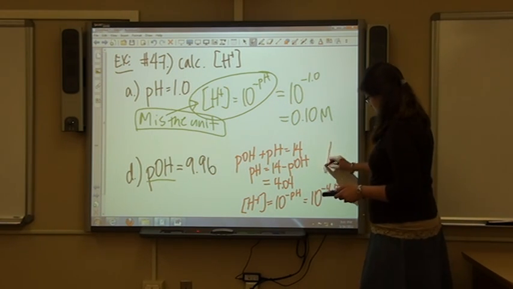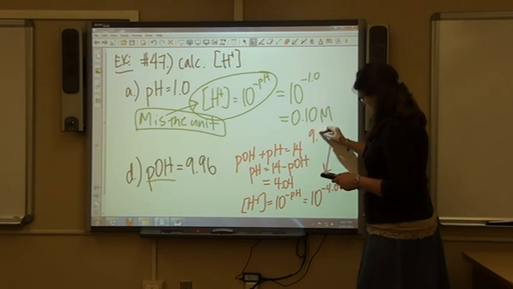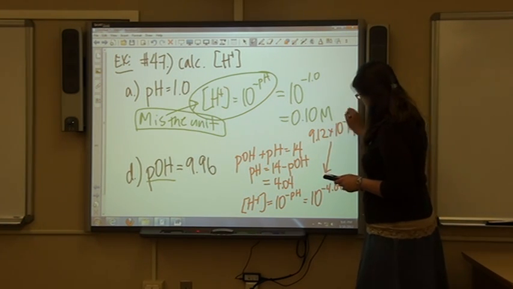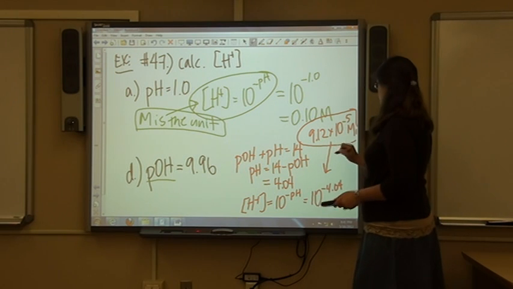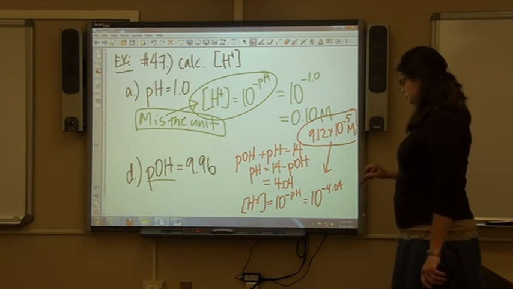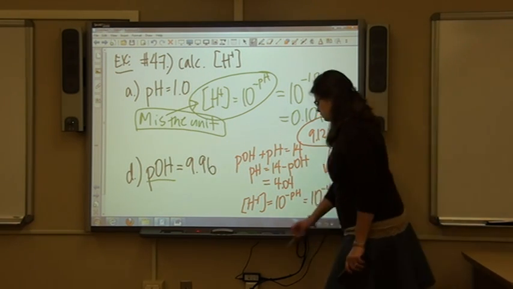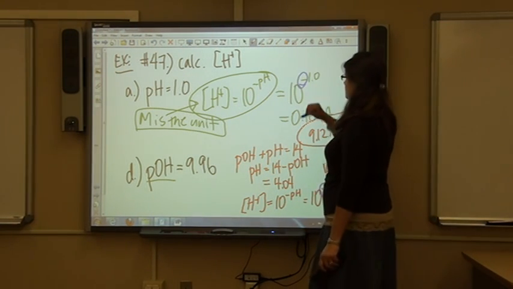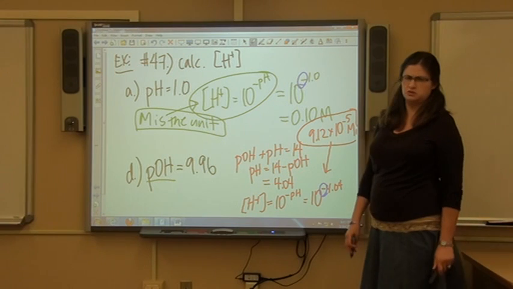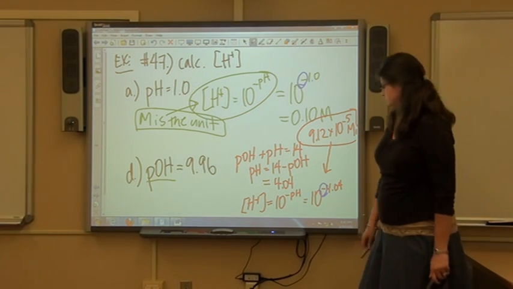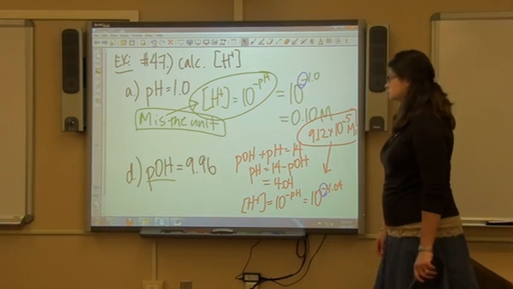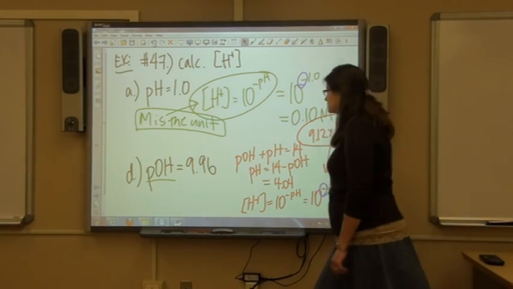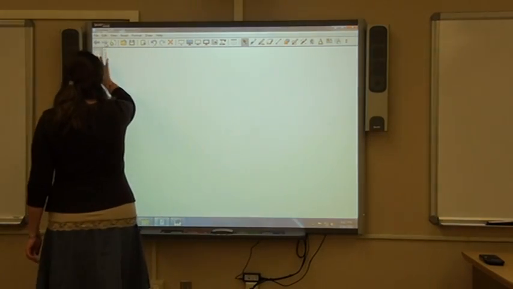And you should get 9.12 times 10 to the minus 5 molar for your H plus concentration. Now guys, it's really important that you don't forget the minus sign here. Otherwise you'll get some really wacky huge number. That's not good. Okay.